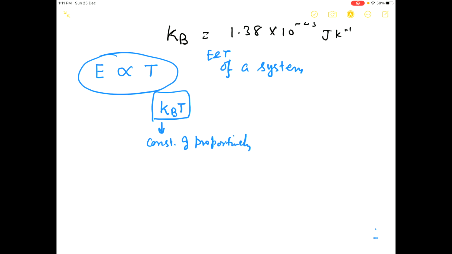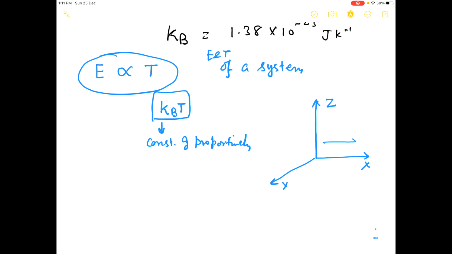Here we can say that the molecules are moving in all three directions. This is the x-axis, this is y, this is z.